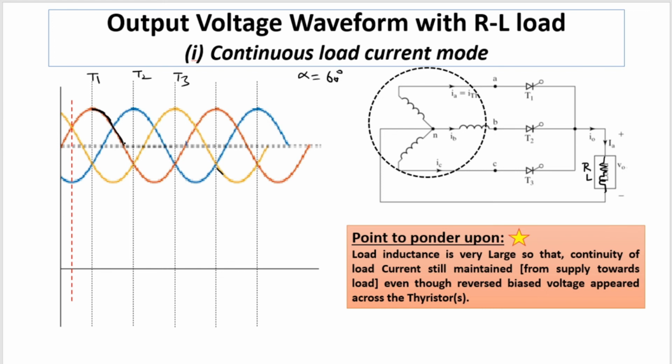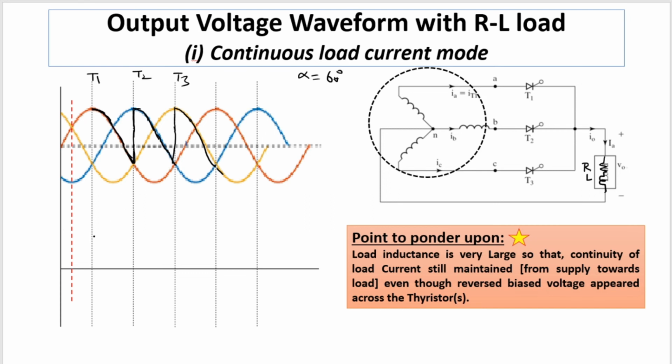Because it is an inductive load, at this point the current flowing through thyristor T1 is sufficiently large, so it keeps on conducting till the next triggering, that is of T2. At this point when T2 is triggered, the conducting path will be between coil B through thyristor T2 towards the load. This operation completes, and after this the same cycle repeats, like T1, and then T3 is triggered, and then repetition starts.